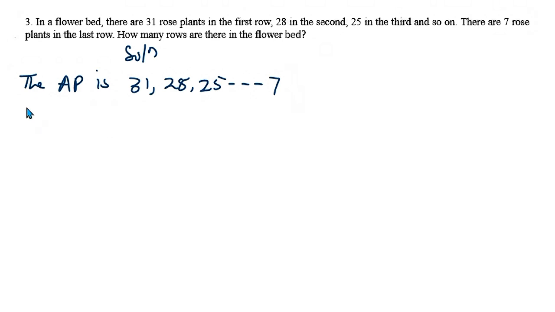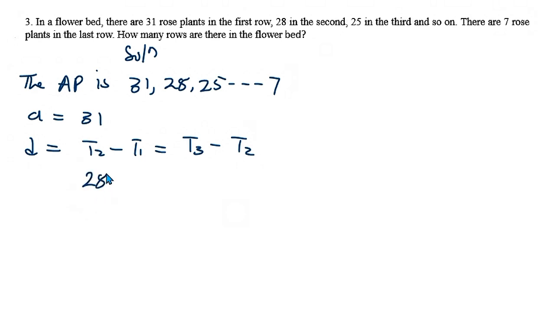7. Okay, so from here we know that the first term a is 31, and the common difference d should be given by the second term minus the first term, which is also equal to the third term minus the second term. So let's go ahead and see if this will be true. We have here 28 minus 31 should also be equal to 25 minus 28.